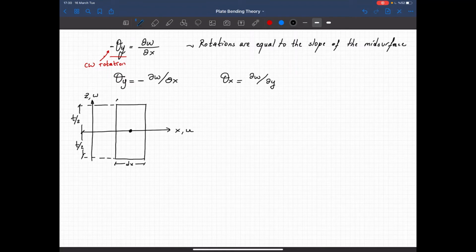Let's take a point at the mid-surface. Let's call it O and take another point P, and the distance is Z. Okay. Now this is the original configuration.